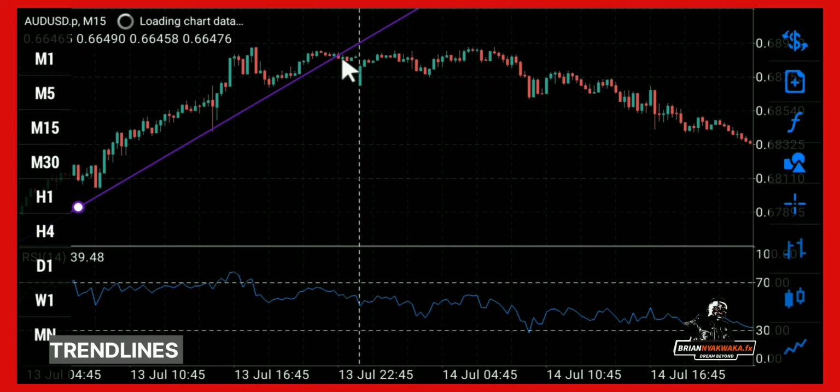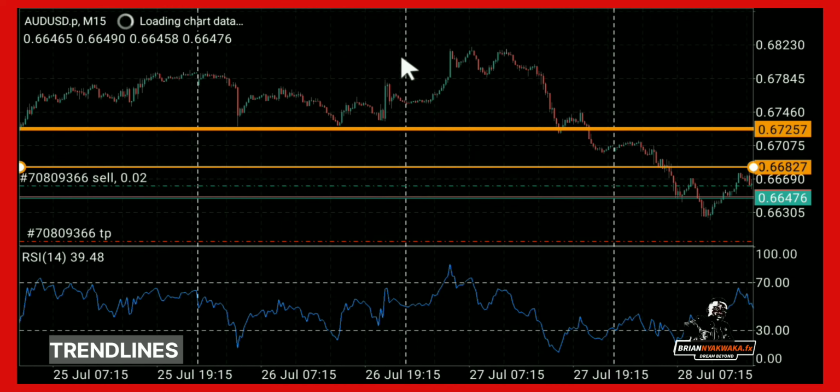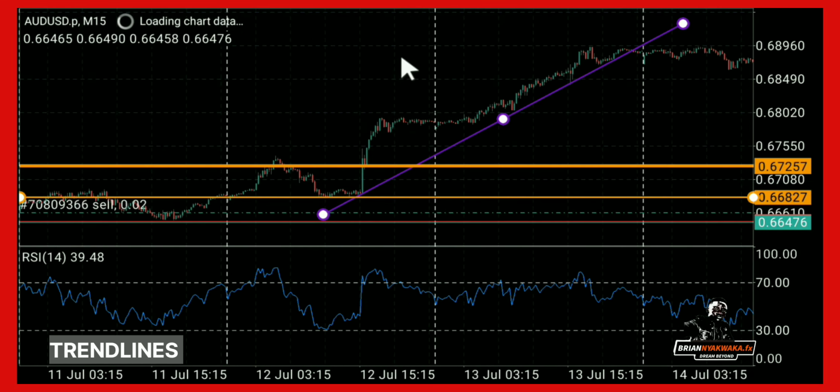We have another structure here. We have a double top. When a double top appears, it signals a reversal. So that's how you draw a trend line on an uptrend. So what gives you a confirmation that that particular trend is an uptrend? It takes two zones to draw a trend line, and it takes the third one to confirm that the trend is an uptrend.